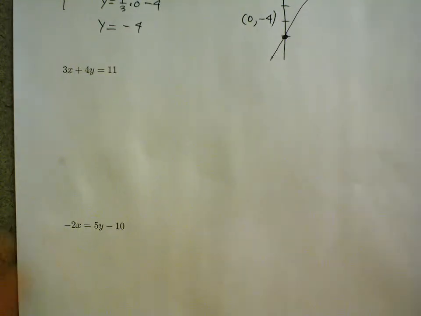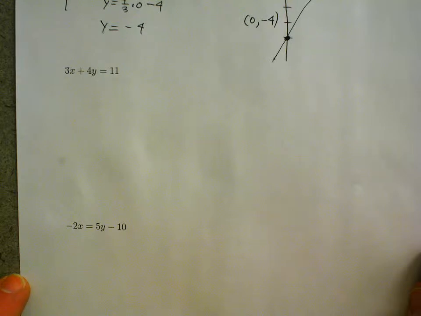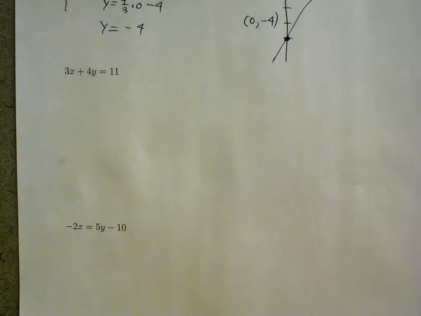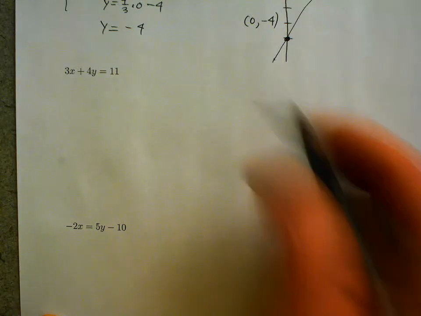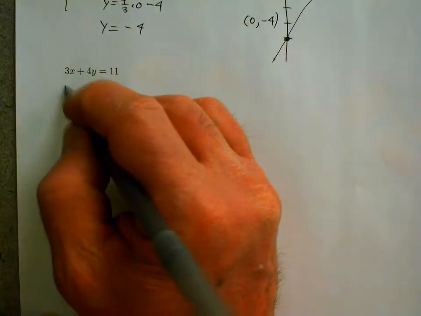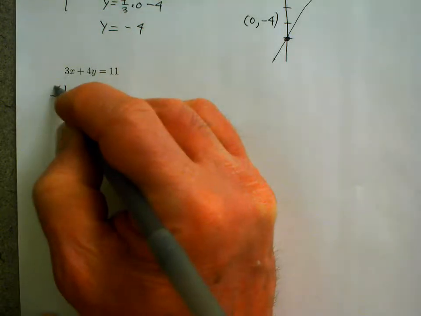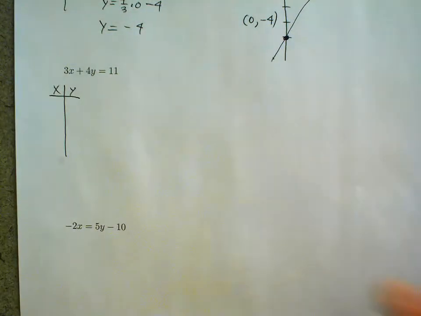Okay, the next one, 3x plus 4y equals 11. So we just want to find the x and y coordinates of 2 points.